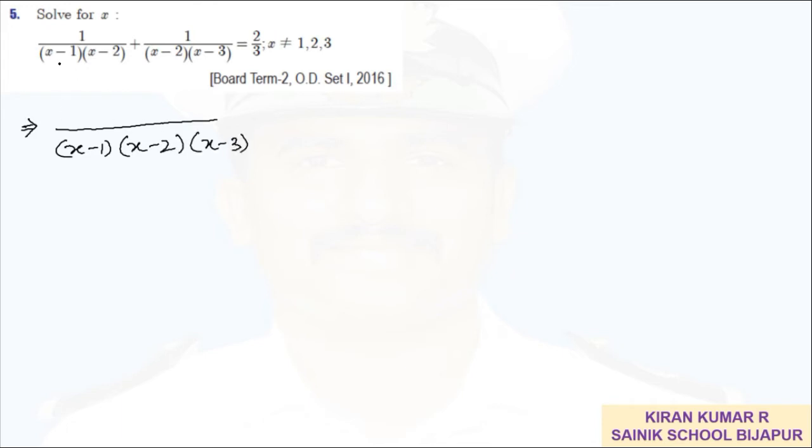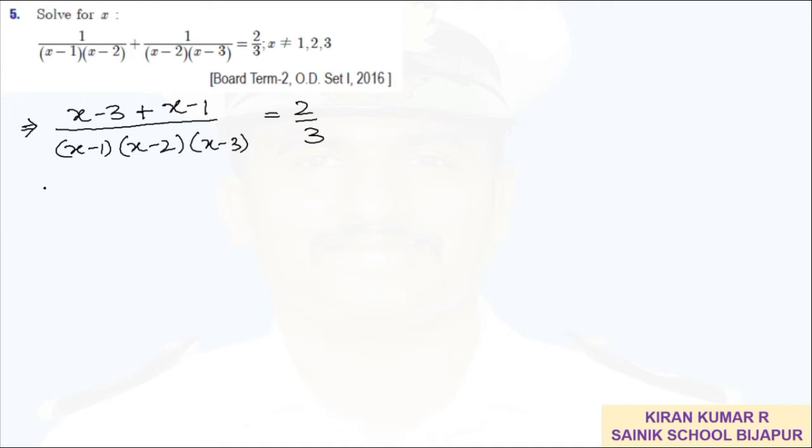Now here we have x minus 1, x minus 2. So what should be multiplied here? It should be x minus 3. Plus, on the similar note, x minus 1 should be multiplied, which is equal to 2 by 3. Now, I will simplify the numerator.